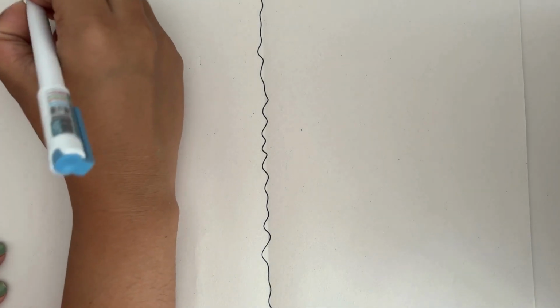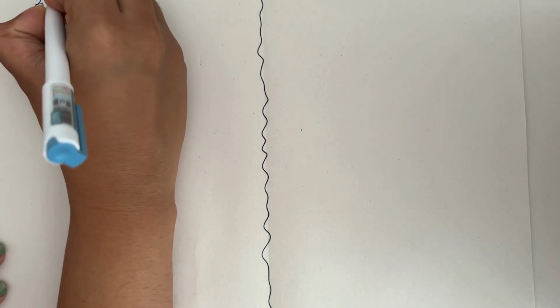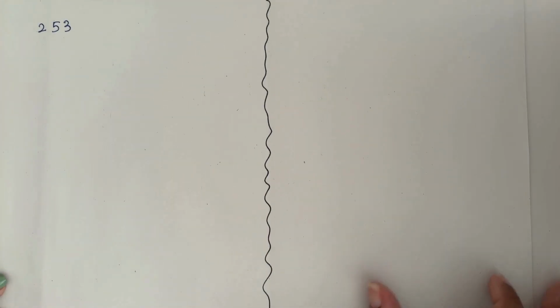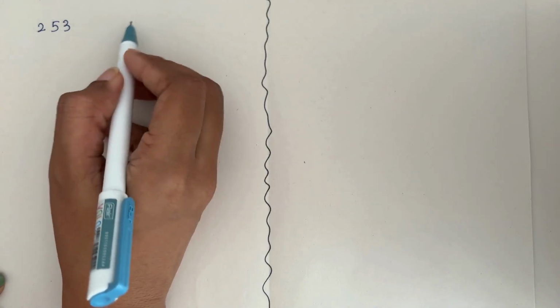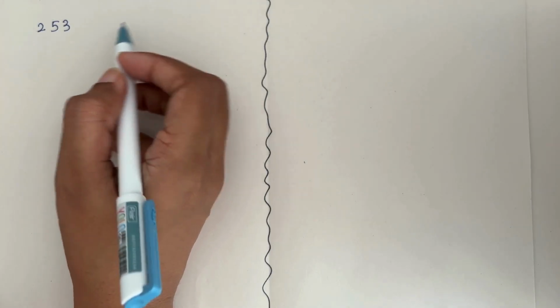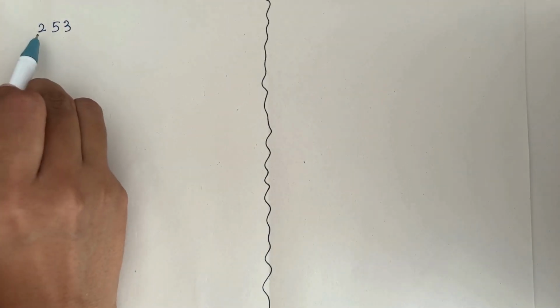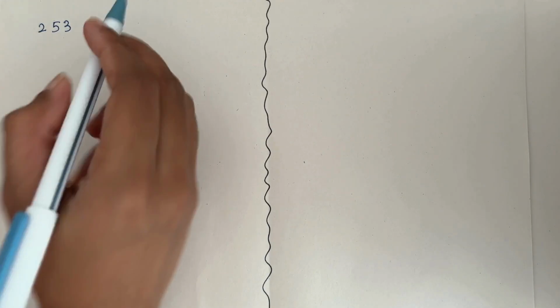Okay, now I will write down a number. You have to draw how many boxes and stars to represent this number. Here we have 2.